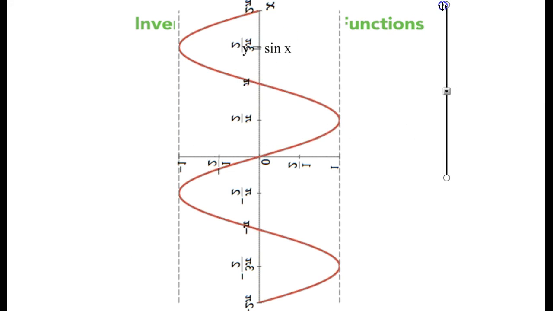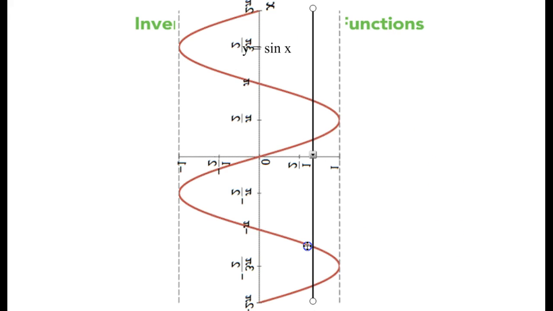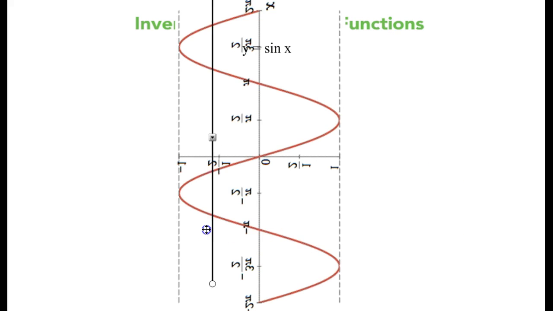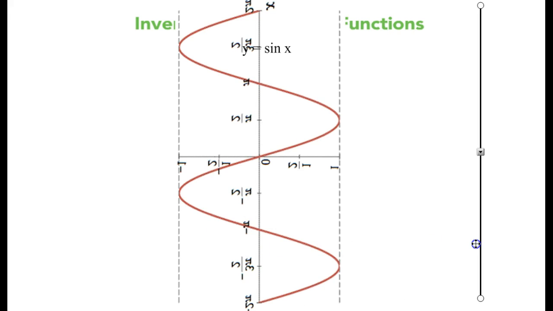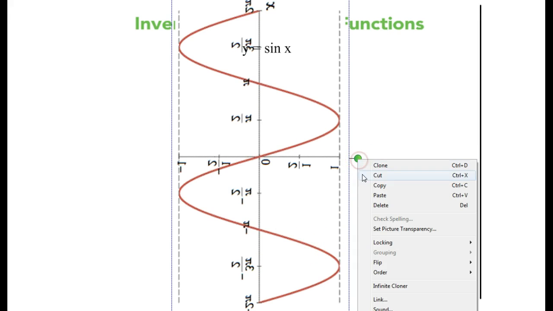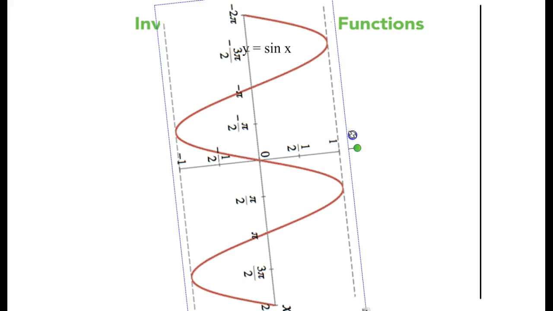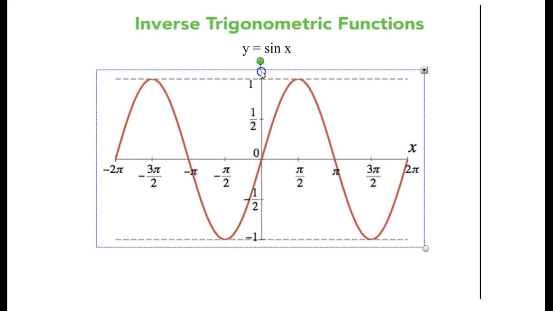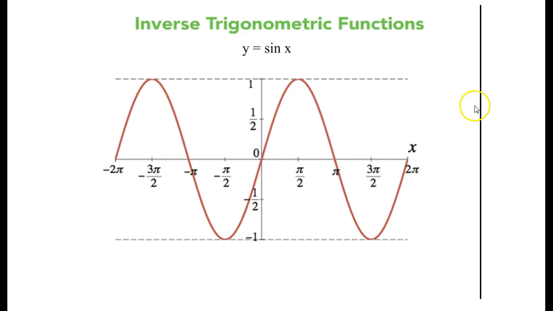So the inverse is not a function. The inverse no longer passes the vertical line test. So this is not just the sine function; the cosine function and all of them, because of that periodic nature, are going to fail the horizontal line test, which means they don't have inverse functions.